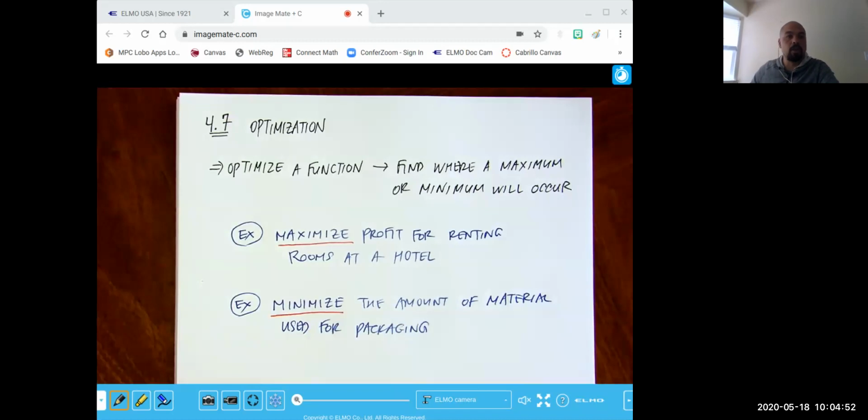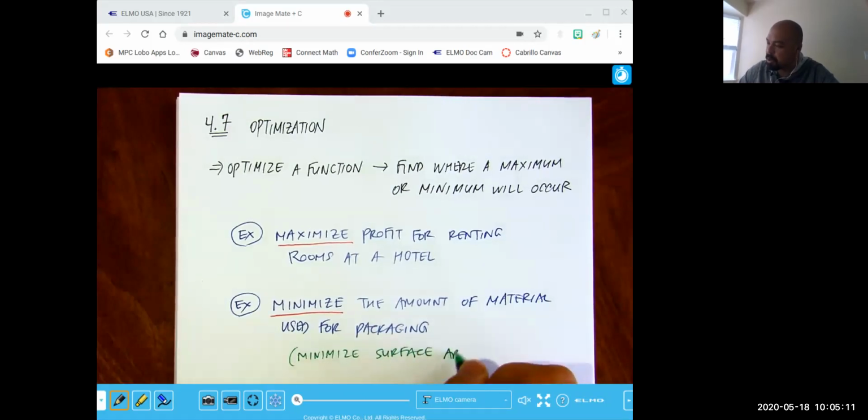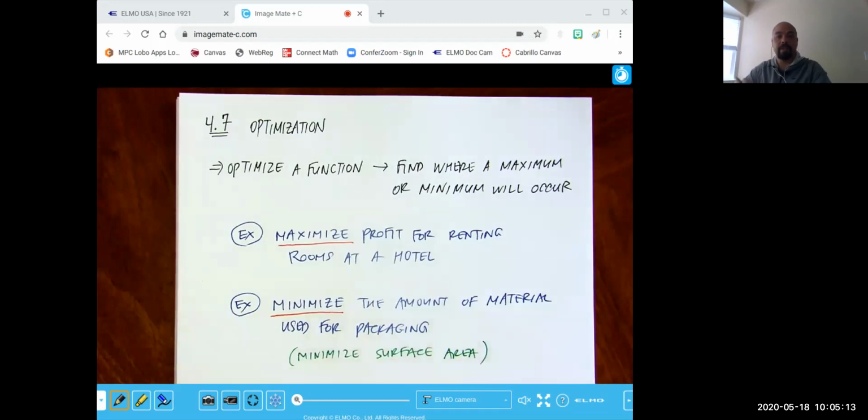So we try to use as least materials as possible. So maybe we're going to minimize the material used for packaging. And so just a side note, just to get us thinking in this context, what we'll deal with, right? Maybe we're going to want to minimize surface area, right? So a lot of our work we start off with is probably going to be geometric, but then we can also deal into more natural sciences, business, other applications.